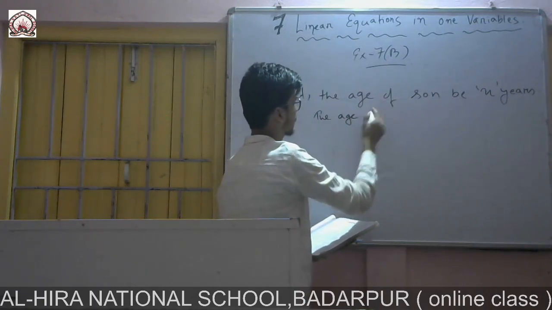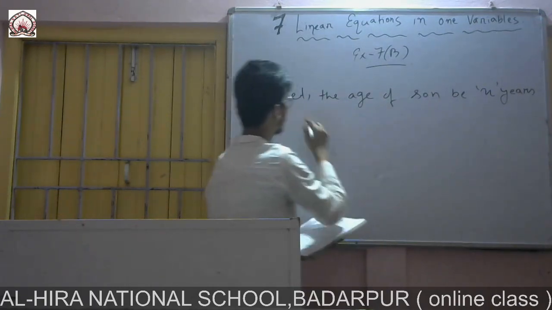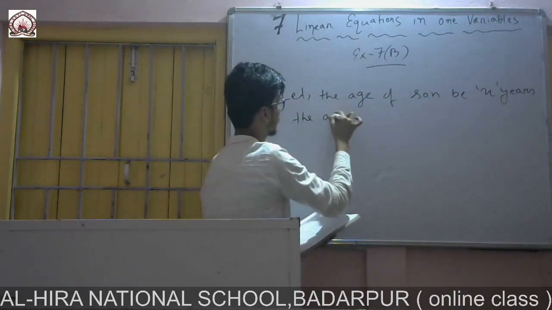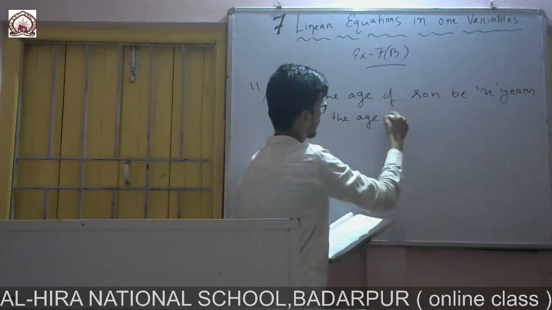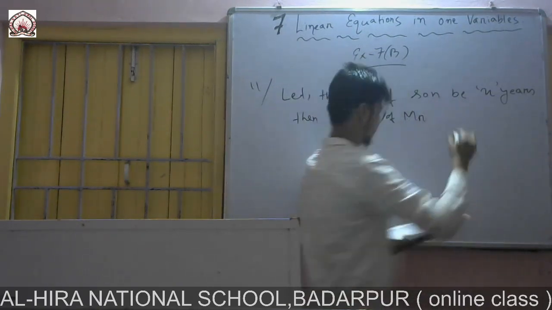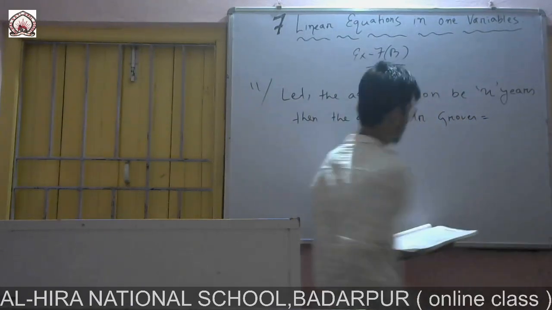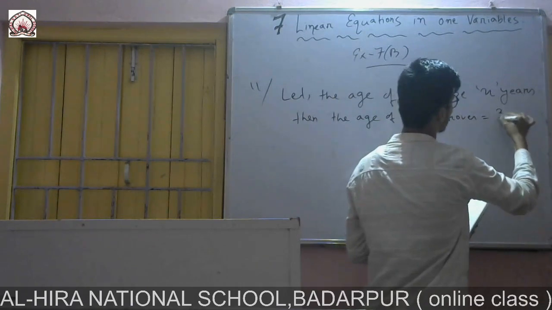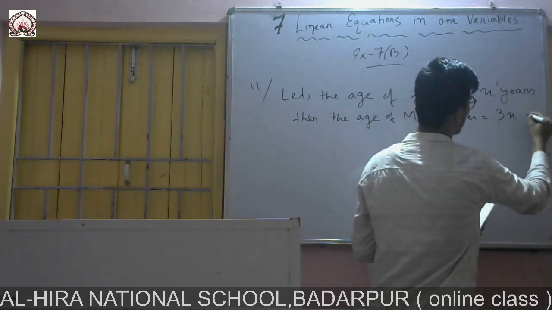the age of Mr. Grover is equal to 3 times his son, that means 3 into x years.